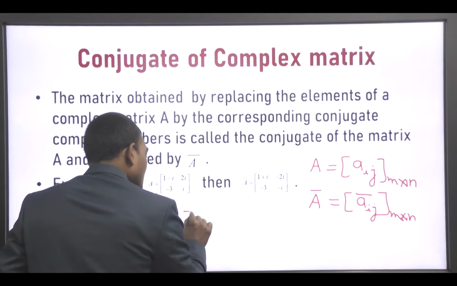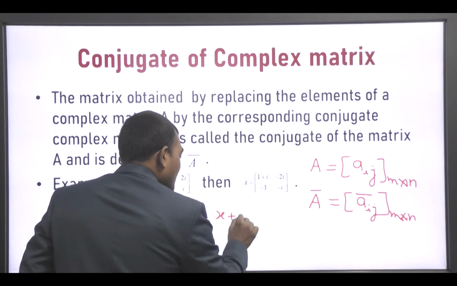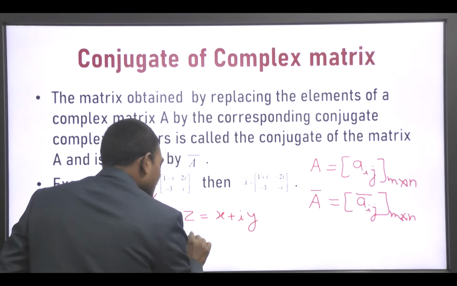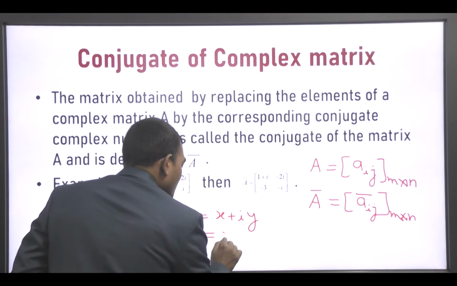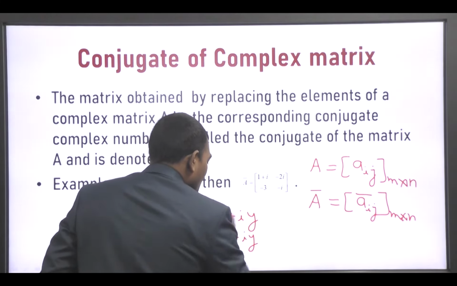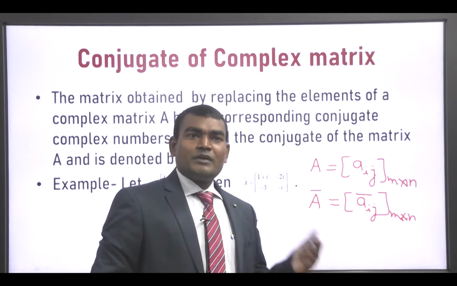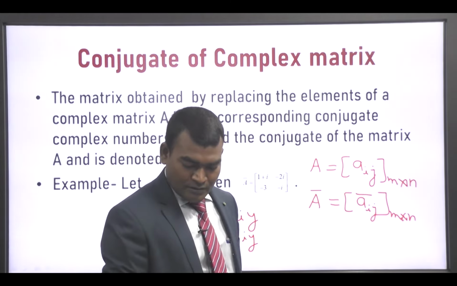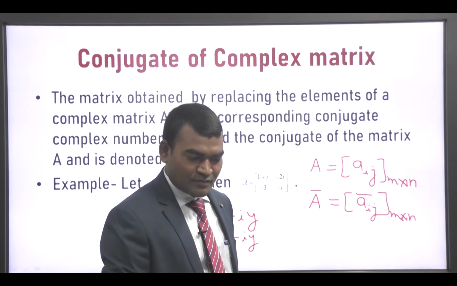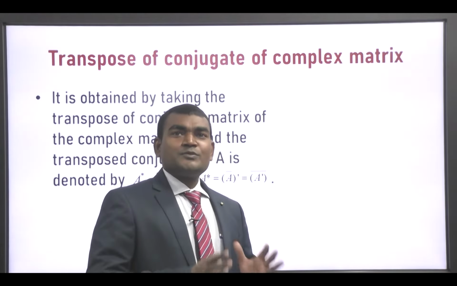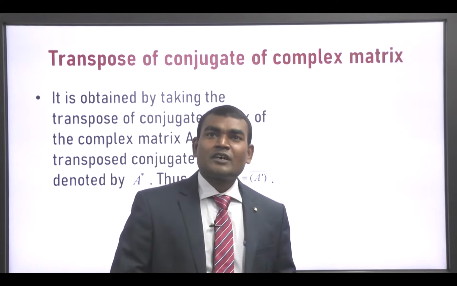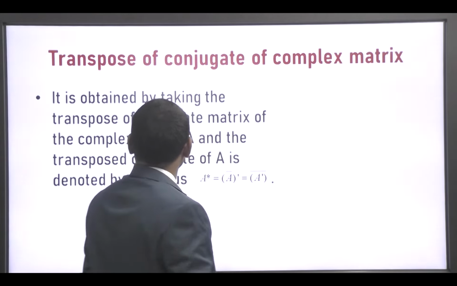You know, if z is equal to x plus iota y, then the conjugate of z will be equal to x minus iota y. In this way we can find the conjugate of a complex matrix.